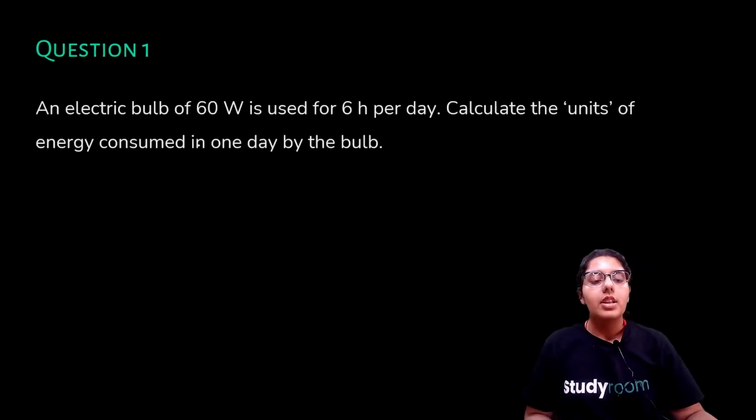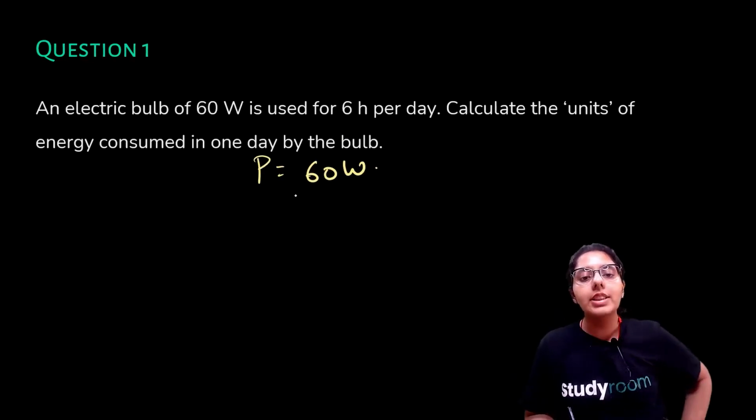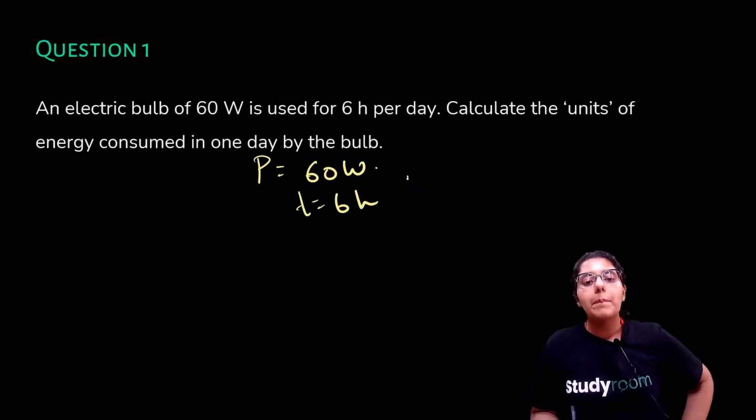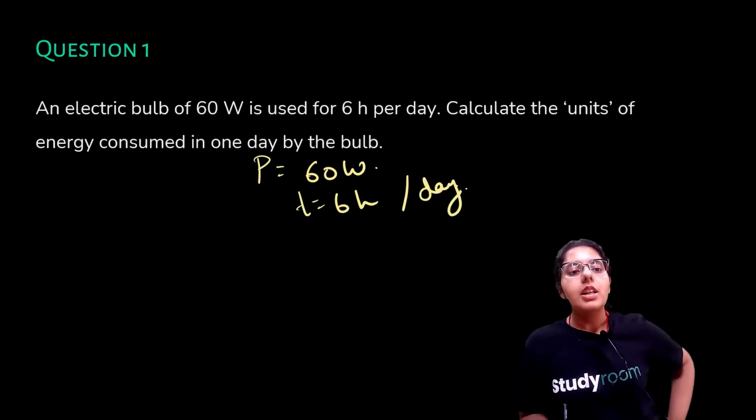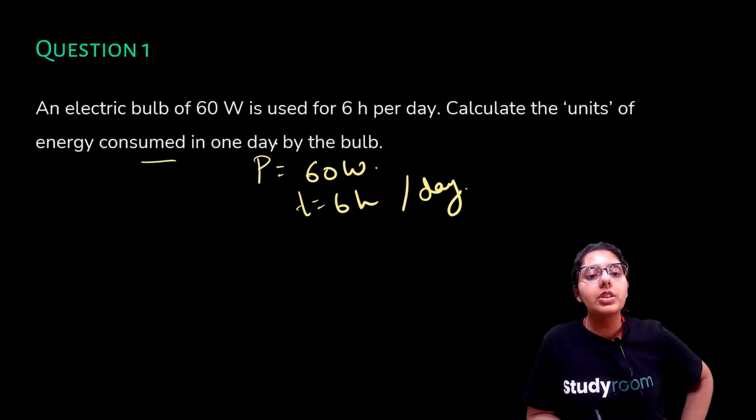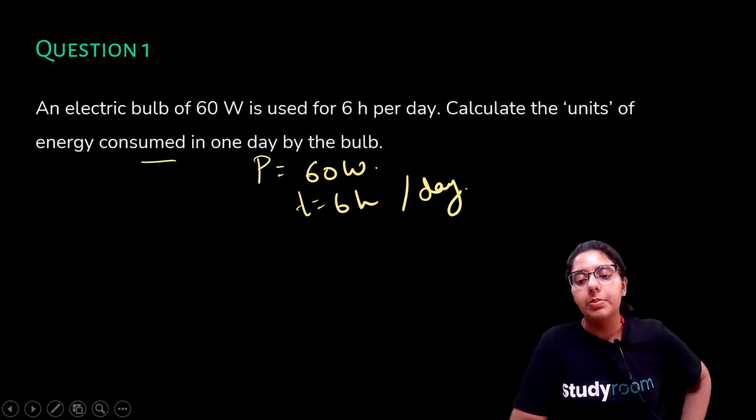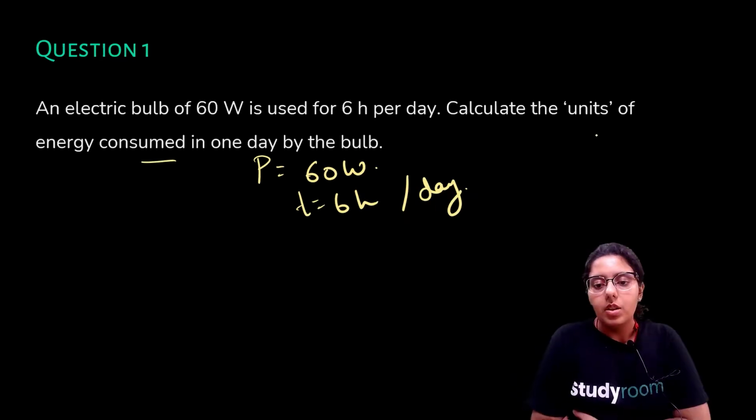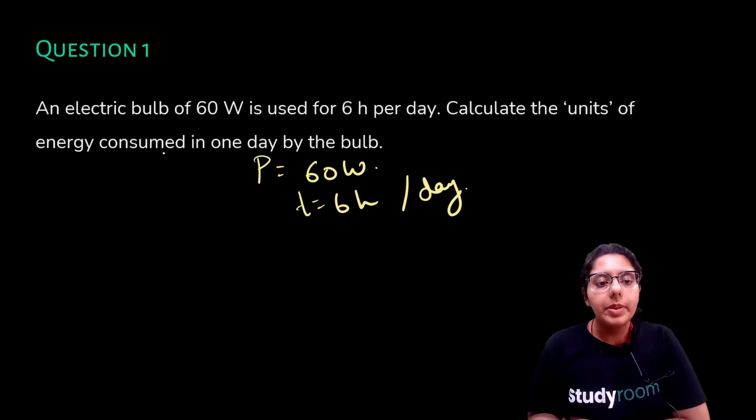Let's do this question. An electric bulb of 60 watt is used for 6 hours per day. Calculate the units of energy consumed in 1 day by the bulb. So your power will be 0.06 kilowatt, right?